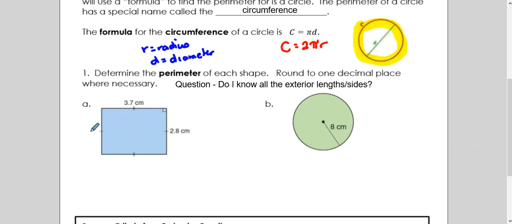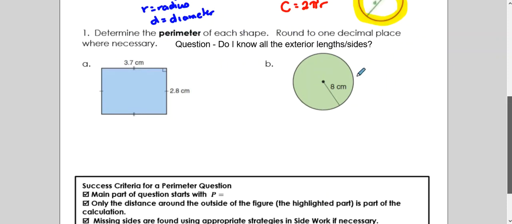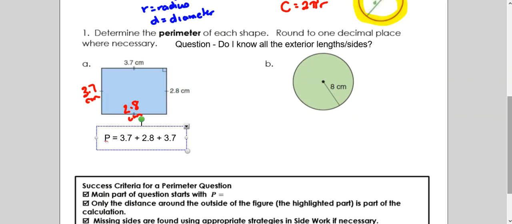For example, I have my rectangle here. I know the majority of people would say, hey, that side has to be 3.7, and that side has to be 2.8. So write it down. Make it visible. And then when I'm finding the perimeter, I can add up the sides.